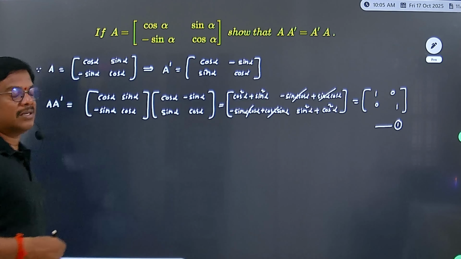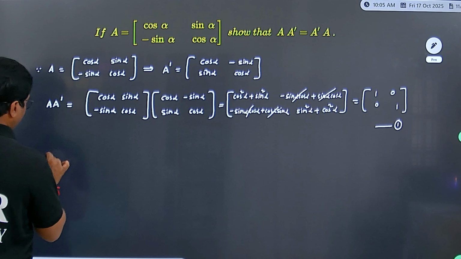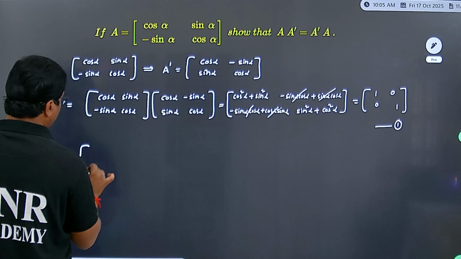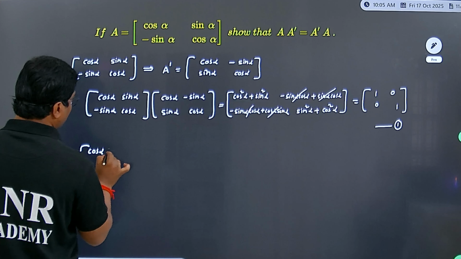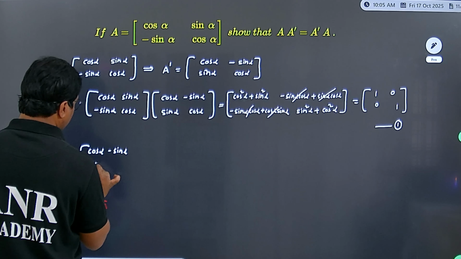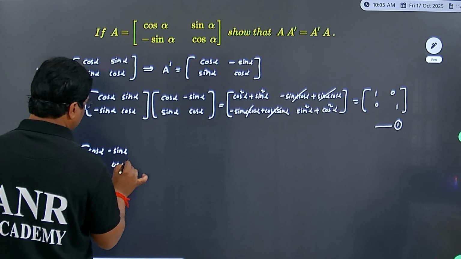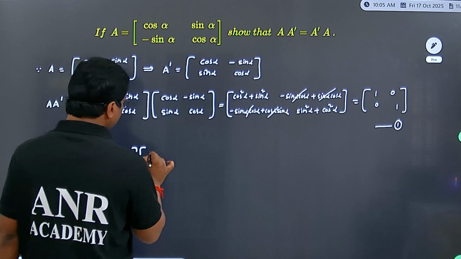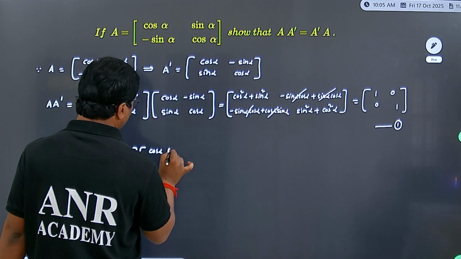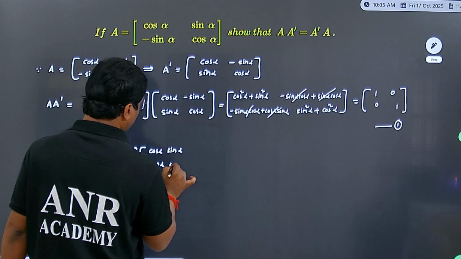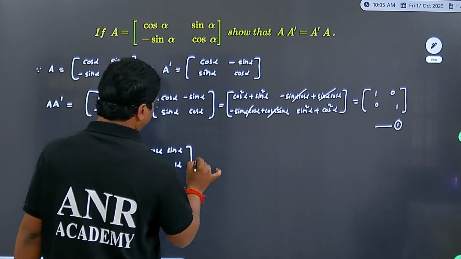Next, we need to find A transpose into A. So first you have to write the transpose, cos alpha, minus sin alpha, sin alpha, cos alpha, and after that A is cos alpha, sin alpha, minus sin alpha, cos alpha.